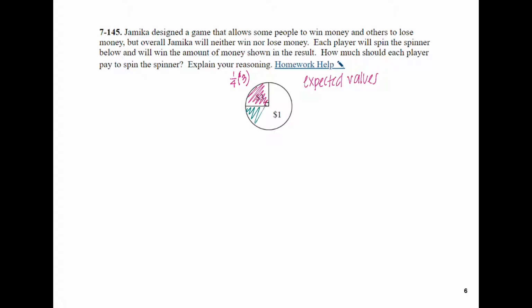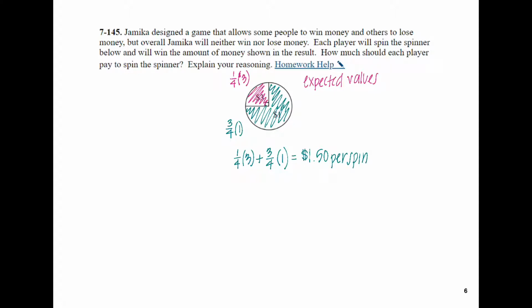The probability of spinning $1 is a 3/4 chance. So we take 1/4 times 3 and add that to 3/4 times 1, and we get $1.50 per spin.